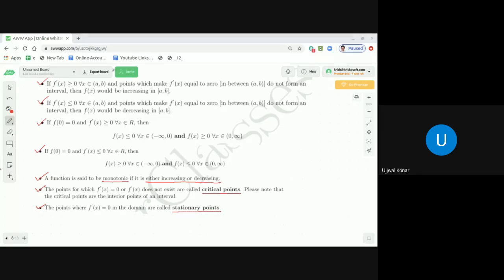Now, in this monotonicity of functions, I'm going to discuss a couple of problems with you, so that you also open your notebook, dear students, and we will see how we can apply the concept of differential calculus to find the values of x when a function is increasing or decreasing.